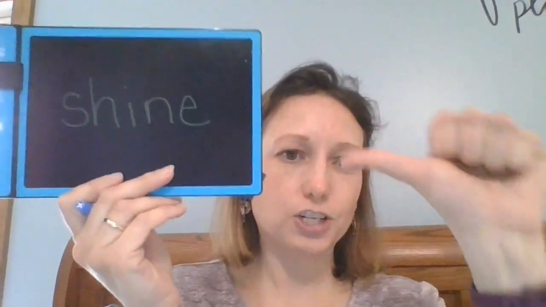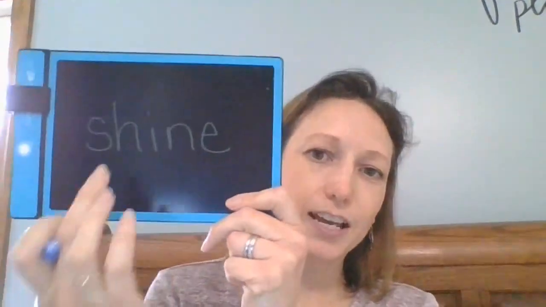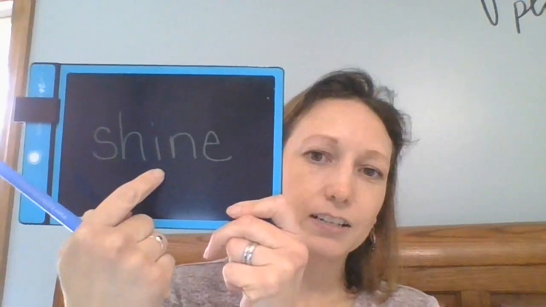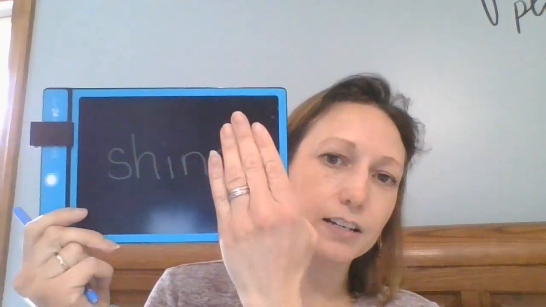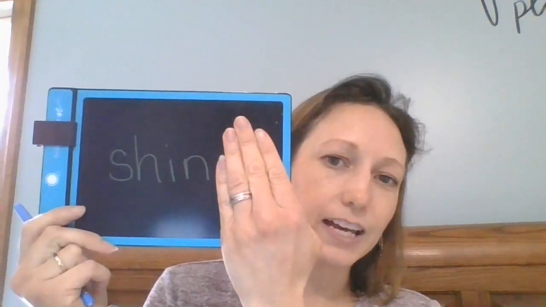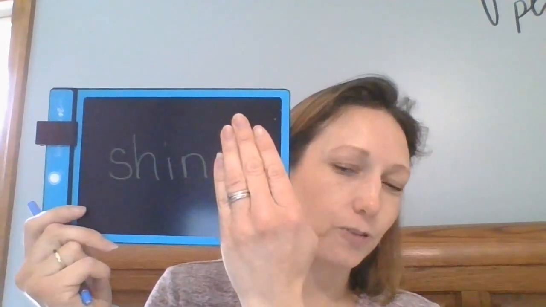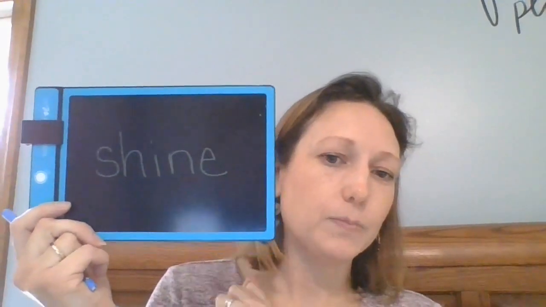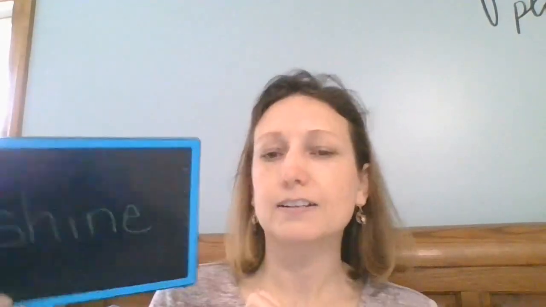We heard sh, I, we heard it say I, so we needed that E on the end. So we had our I, consonant, E pattern. If I take the E off, I get shin, that lower part of your leg, your shin. If I put the E on, it becomes shine. Changes that vowel from short I to long I.